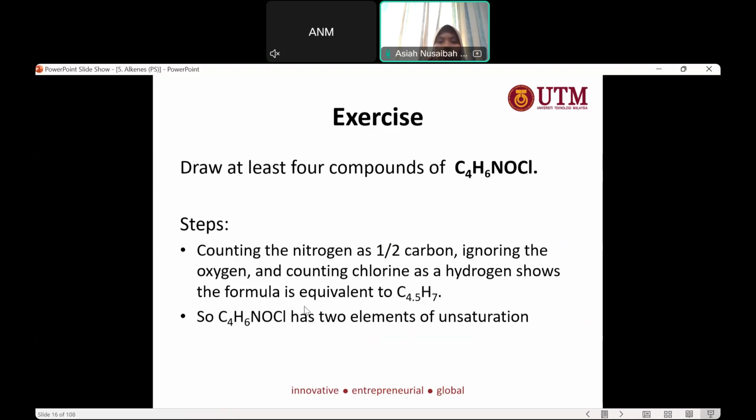So these are the 2 steps. First, count the nitrogen as half a carbon, ignore the oxygen, and count chlorine as hydrogen. So we have C4.5H7.